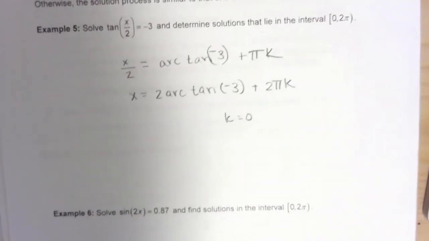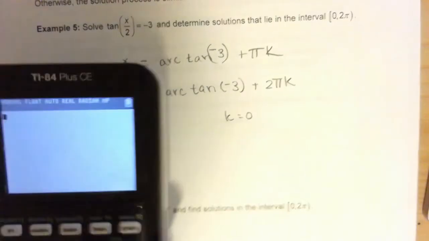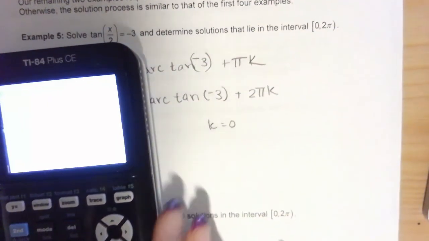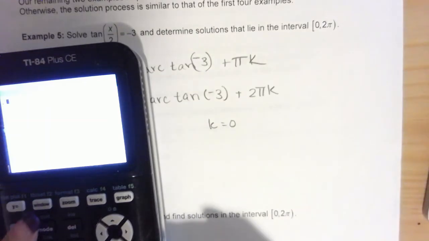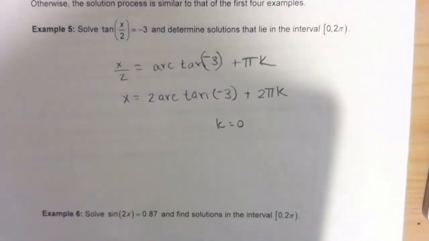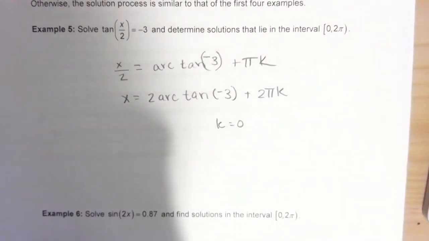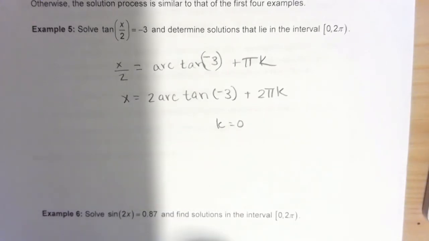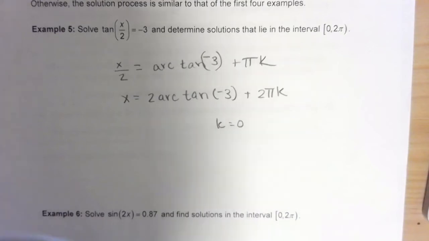So what we are going to do with that is then use our calculator. So we're saying 2 arc tangent, because that is on your calculator, guys. Sorry, mine is glaring. Of -3. And then you could say plus 2 pi times 0, but other than that, it is okay.